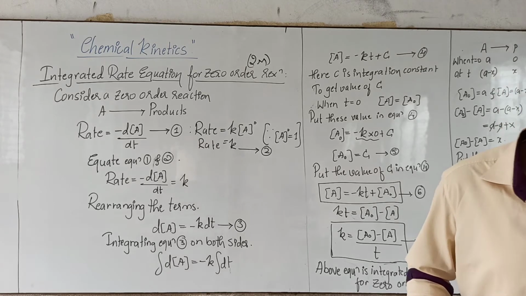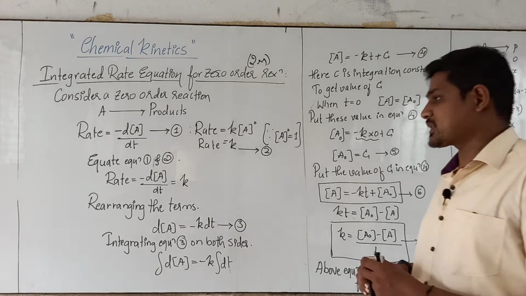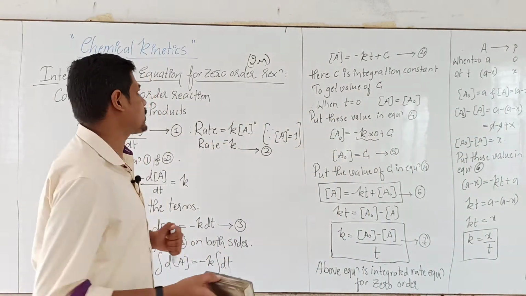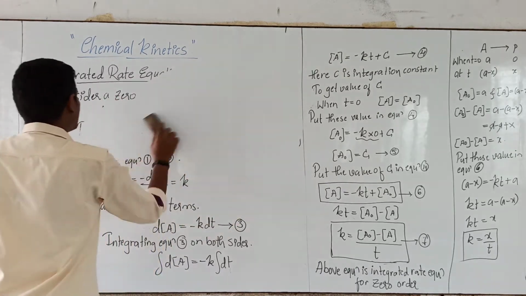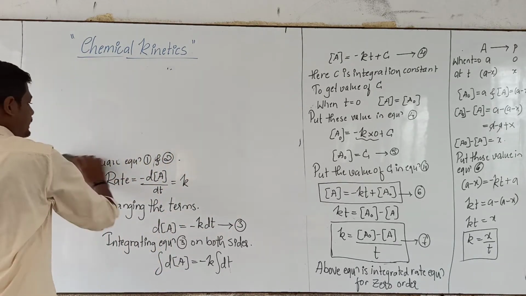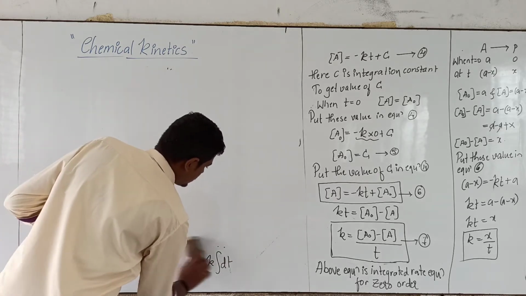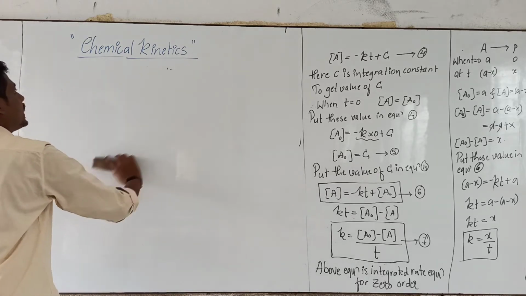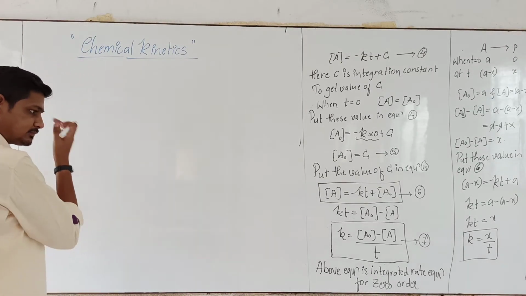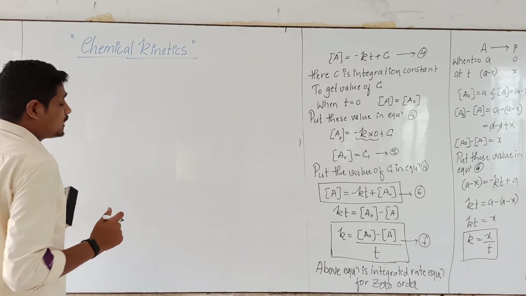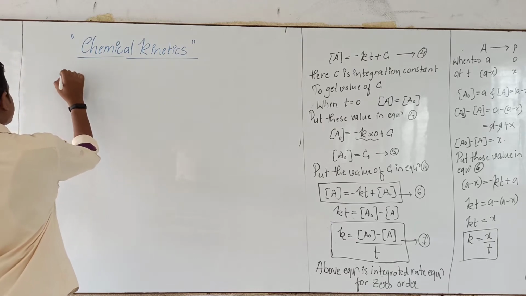Then moving on, let us see some graphical representations. Many questions will come in competitive examinations based on this, so I'll go to that part now. First, let us write the integrated rate equation for a zero order reaction. What is it?